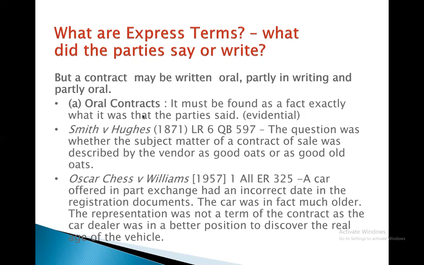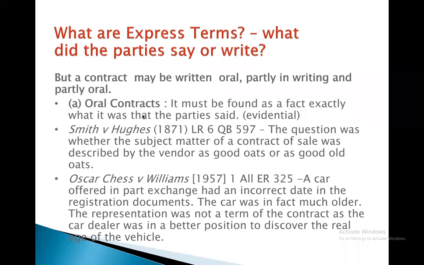So those are express terms. Now, a contract may be written or it may be oral. It's also possible for it to be partly in writing and partly oral.